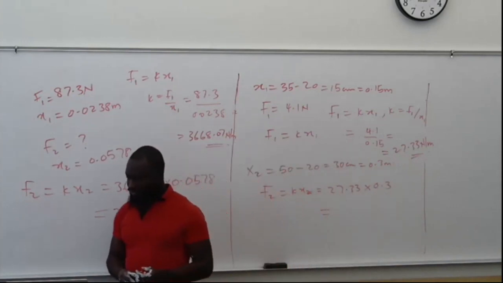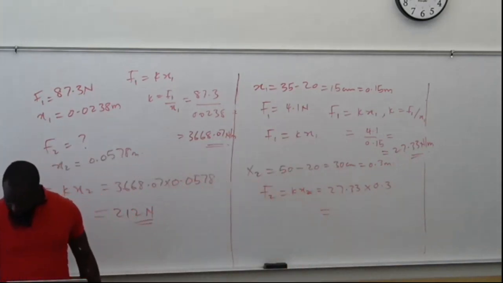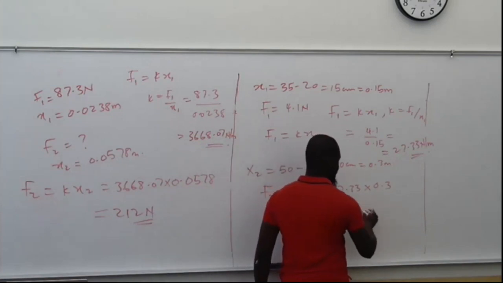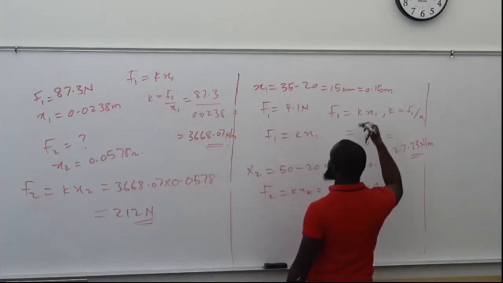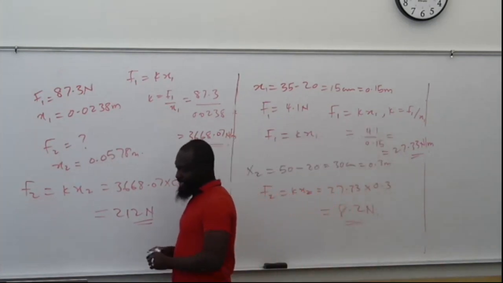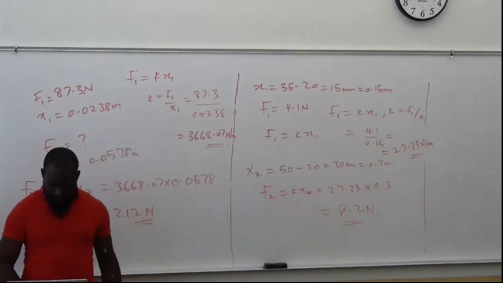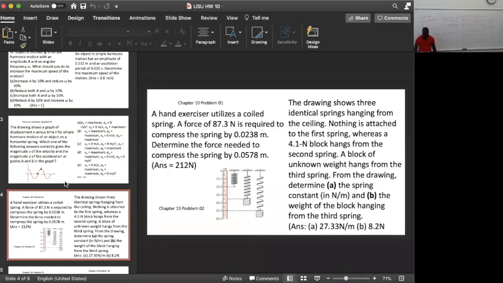We do that, 27.33 times 0.3, 8.2 newtons, exactly. That's the force that will do that elongation for the second part. Okay. So let's go to the next problem. I'm going to share the problem again now. Yes, 8.2 and 27.33, correct.